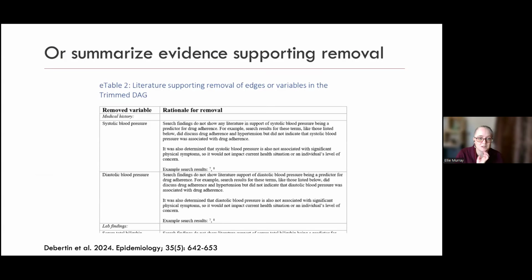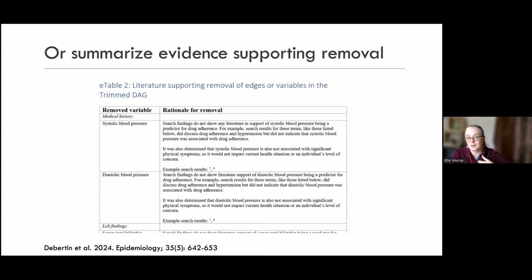So a table is a nice way of doing that too, where you can say, okay, this one, for example, is saying, well, we didn't have systolic blood pressure. This is for the trimmed DAG on the Coronary Drug Project. We ended up removing it because even though it's predictive of death, we didn't find any evidence that it would be predictive of drug adherence, especially for placebo, because it's not something that was commonly measured or that the patients would really know about in the 60s, 70s.